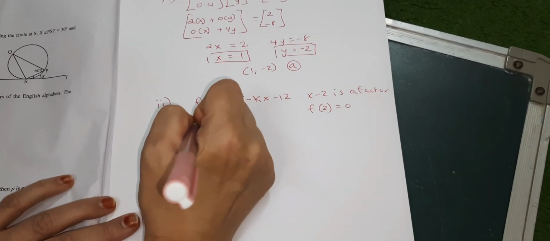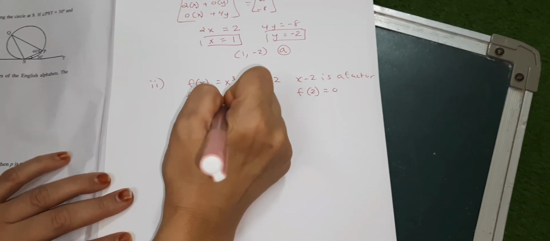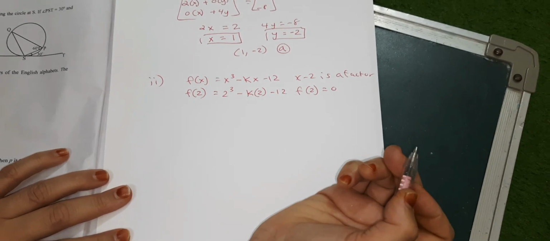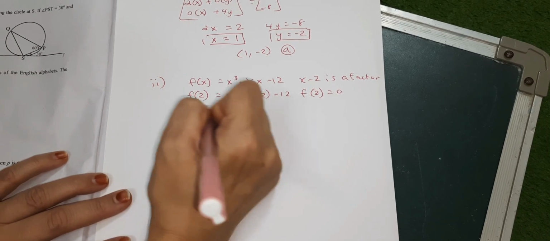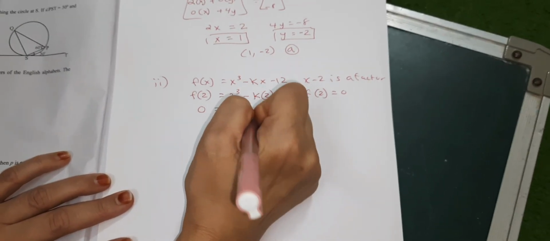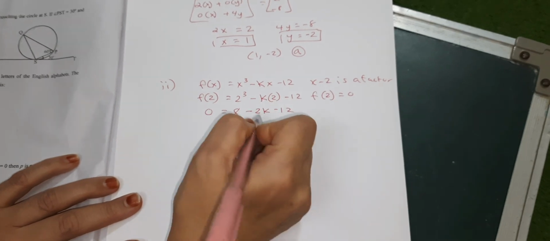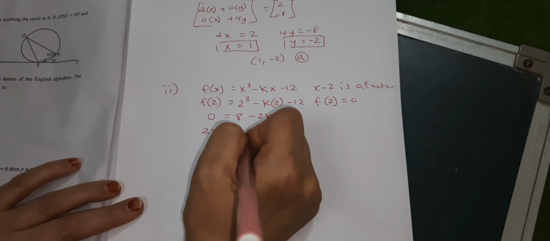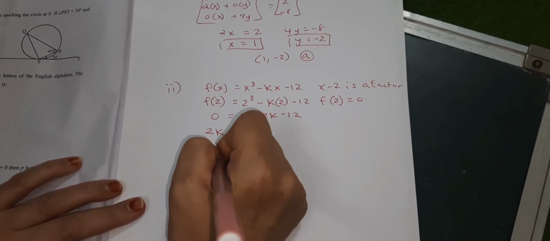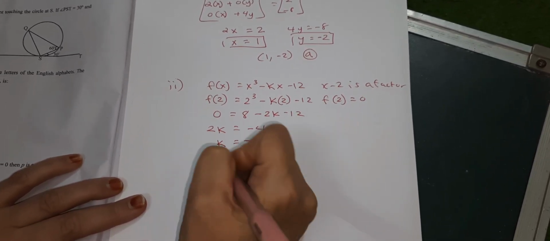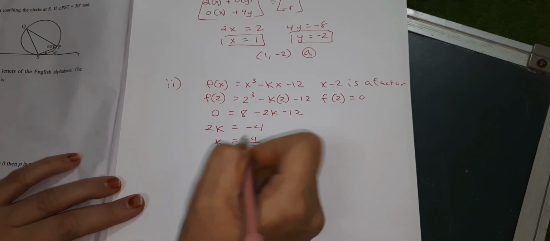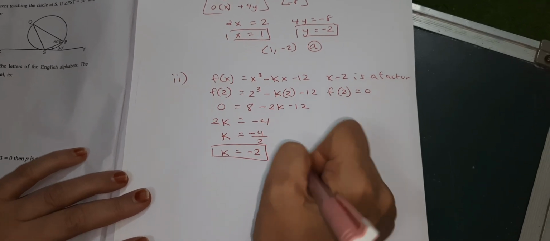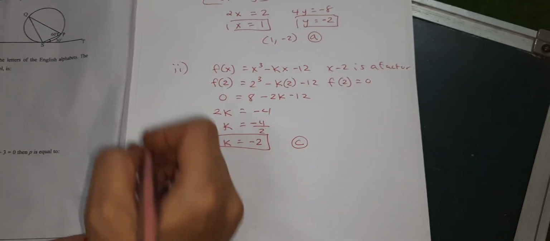So we simply plug in 2 in our equation and solve for k. So f of 2 is 0. 2 cubed is 8 minus 2k minus 12. Bring the 2k on the other side. 8 minus 12 is minus 4. K will then be minus 4 over 2, which is minus 2. That would be choice number C.